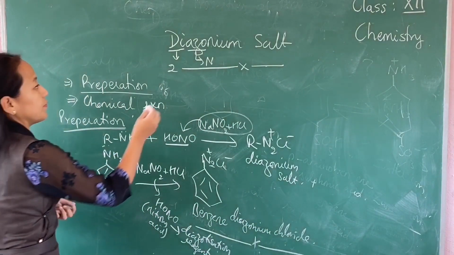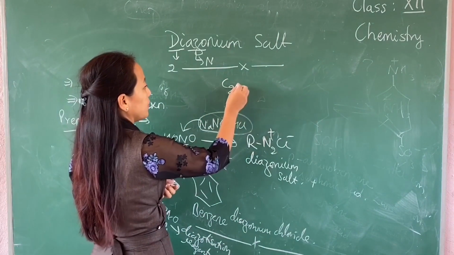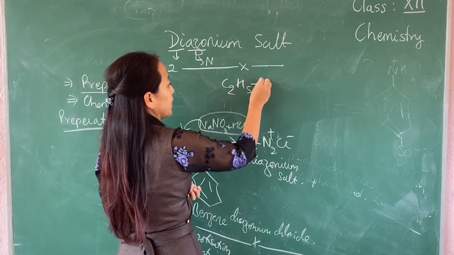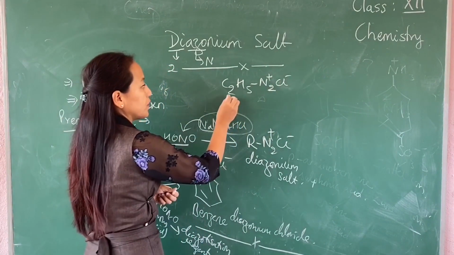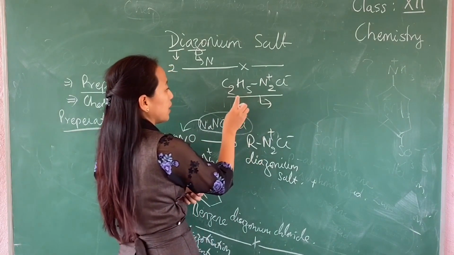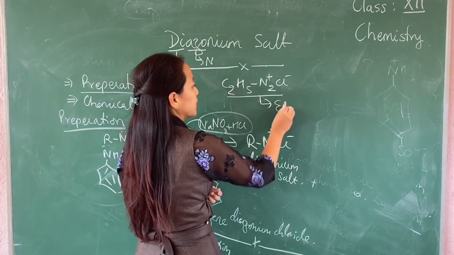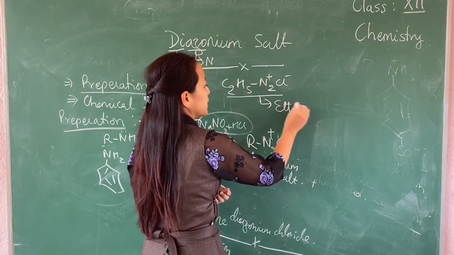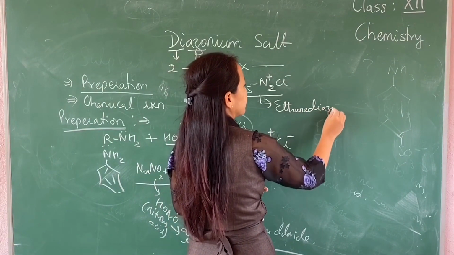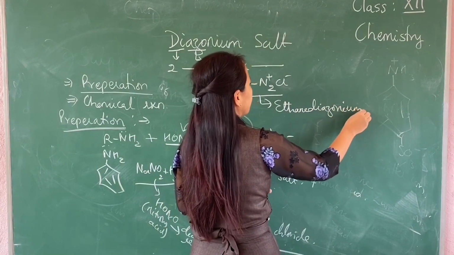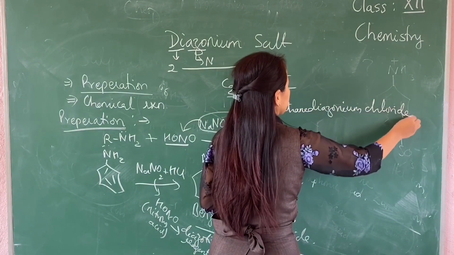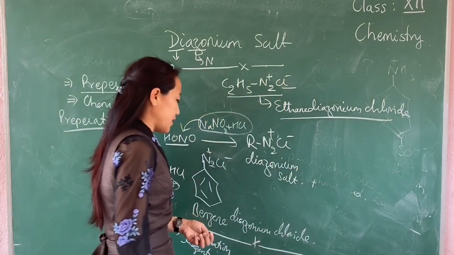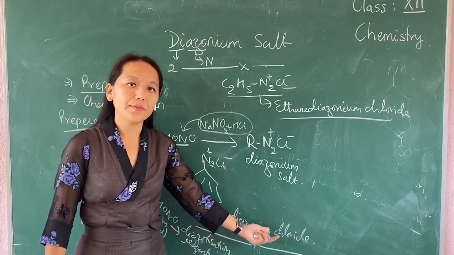Let's say I have C2H5N2+Cl-. Now the name of this salt will be, hydrocarbon part is ethane, so ethane diazonium followed by the name of the anion, that is chloride. So ethane diazonium chloride, in this case benzene diazonium chloride.